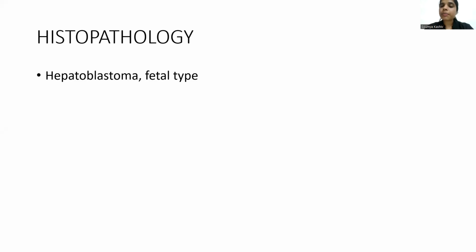Yes, ma'am. So, ma'am, COG divides the cases into very low, low, intermediate, and high risk. In very low risk, it says that adjuvant chemotherapy is not required. But from low risk, it advocates adjuvant chemotherapy.